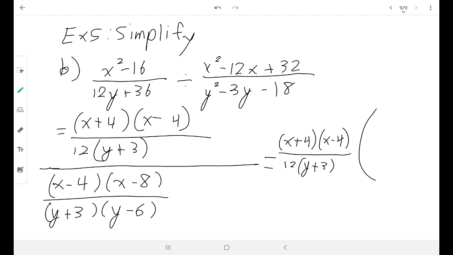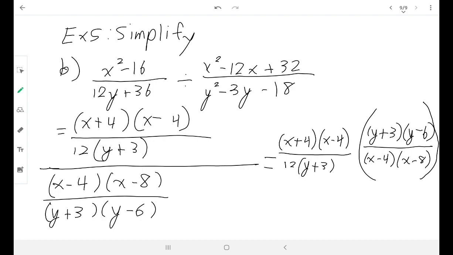Keep, change, flip. So that's y plus 3 times y minus 6 at the top, and at the bottom x minus 4 times x minus 8.